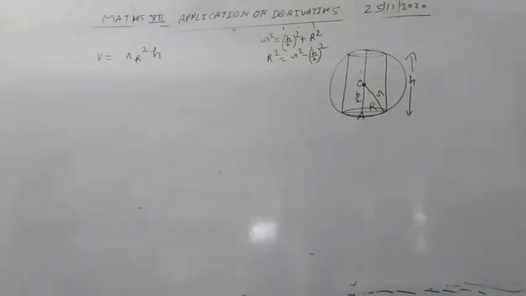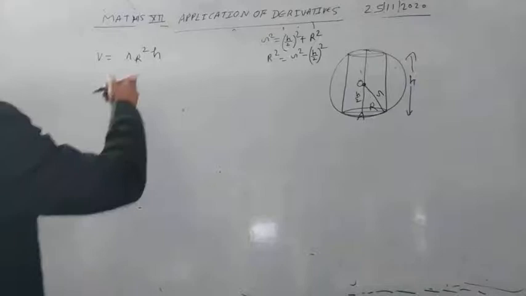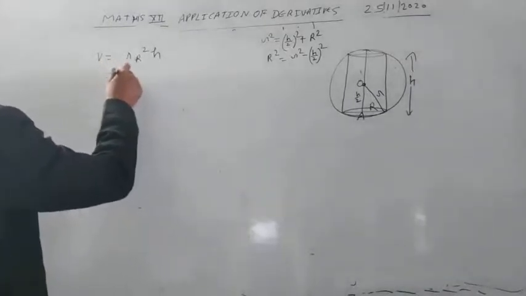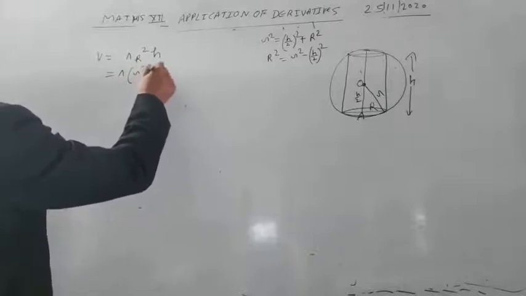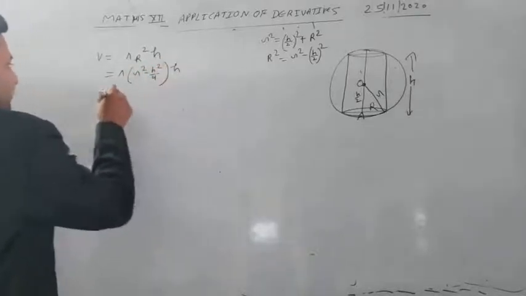Now we will put the value of R square here. We get pi times (r square minus h square by 4) times h.